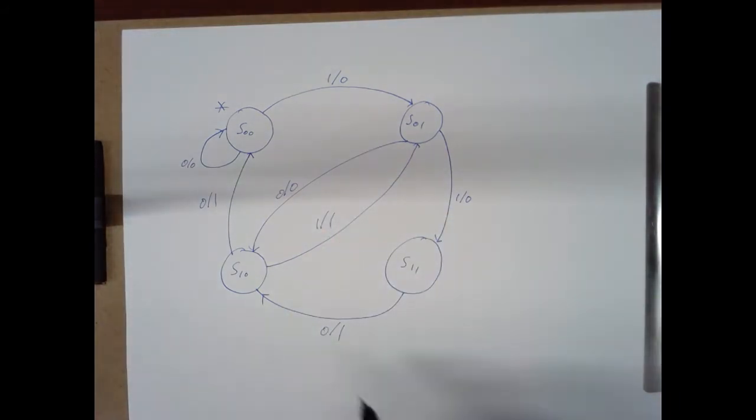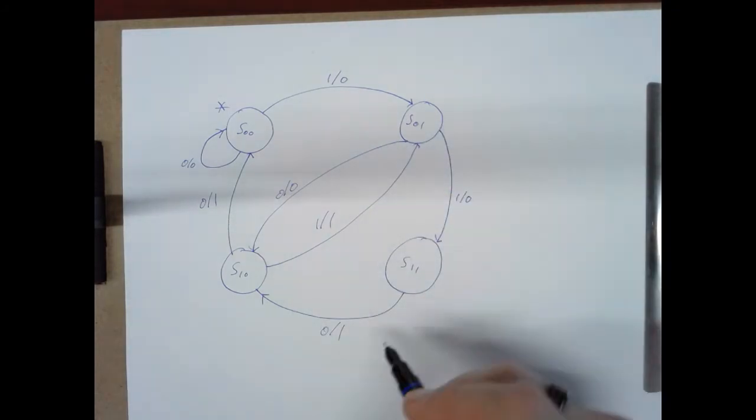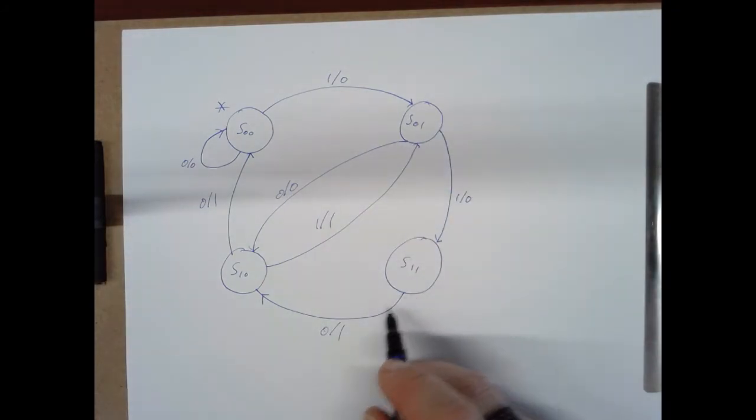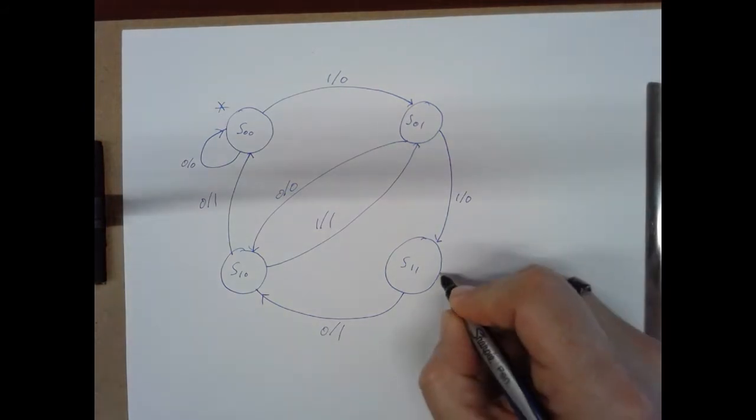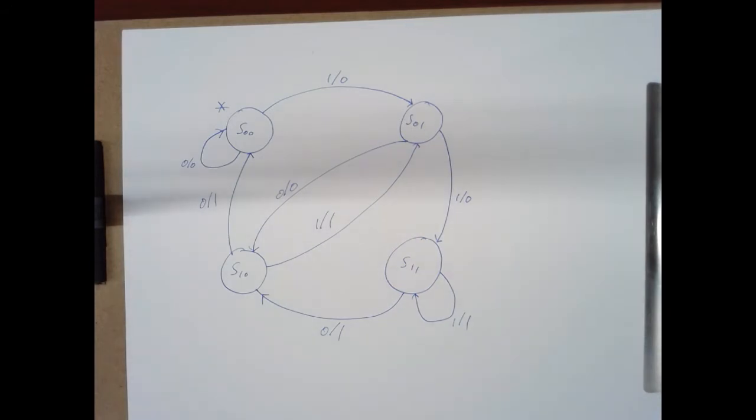Am I missing any? I need a 1 from there. So 1 gives you a 1, and 0, 1. There we go. Got 8 lines, we're good.